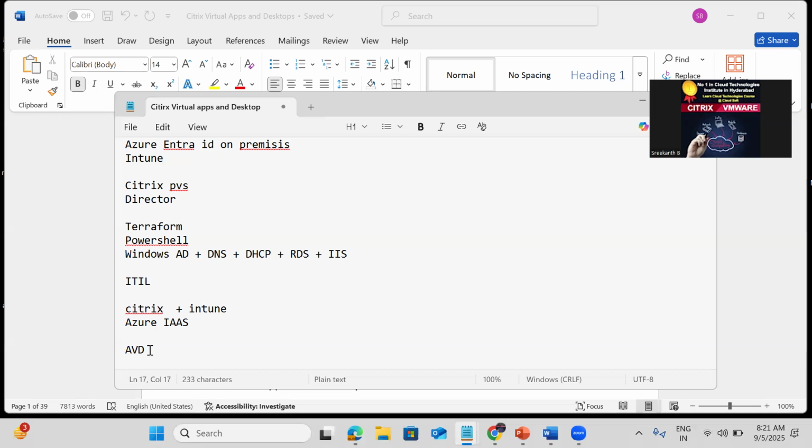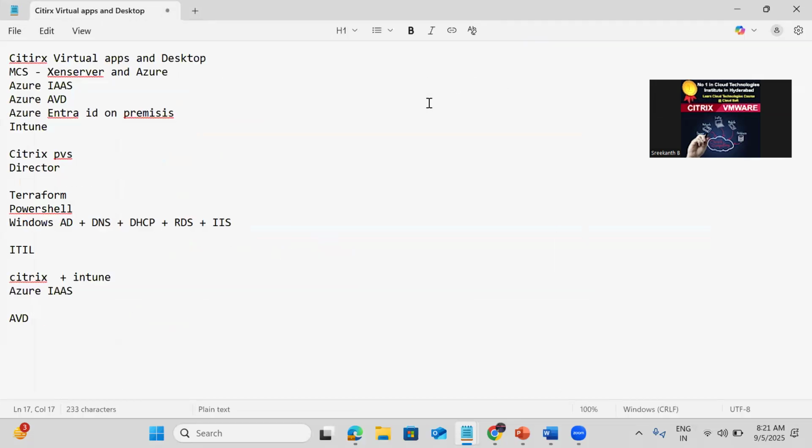NetScaler knowledge is mandatory from the interview side. In the job we can have a separate team, with one or two dedicated NetScaler engineers, but for the interview we require good knowledge of NetScaler. Will we go with NetScaler configuration? Yes, from the virtual appliance side.